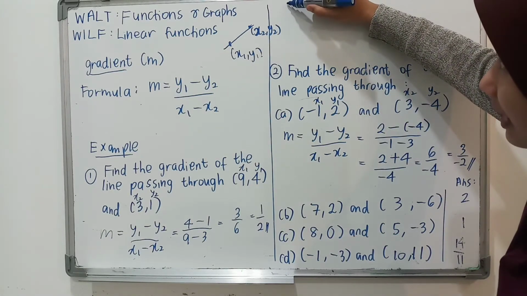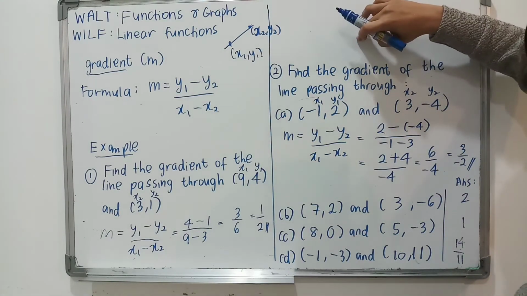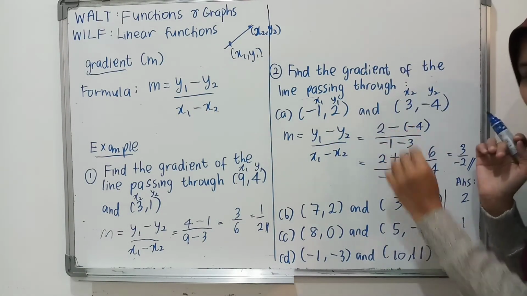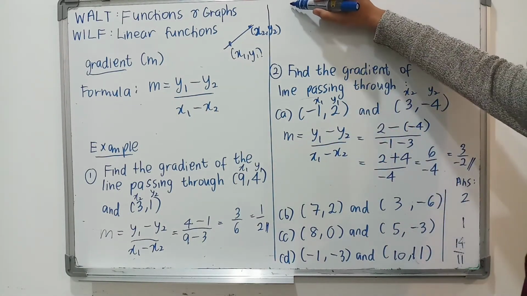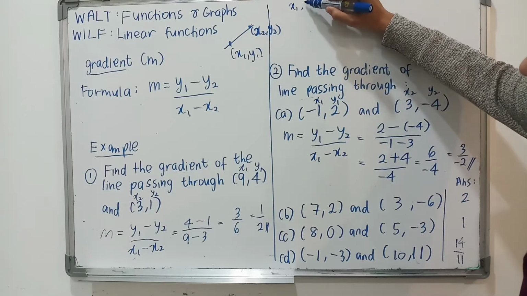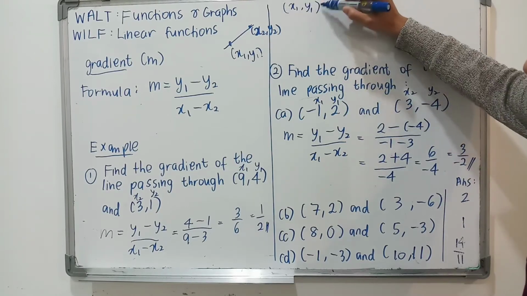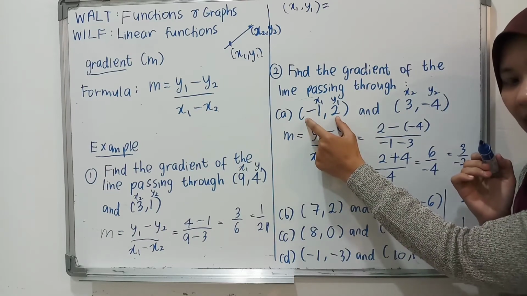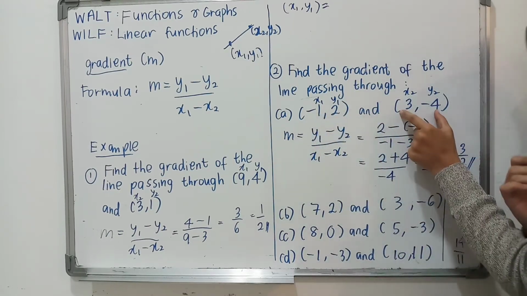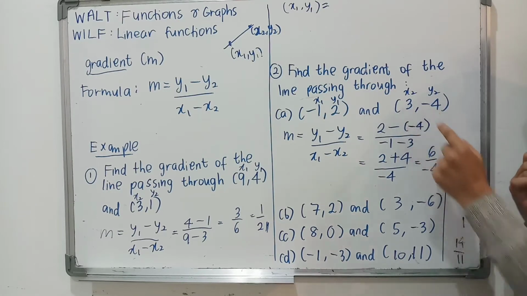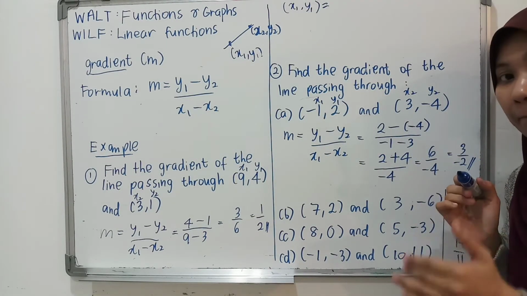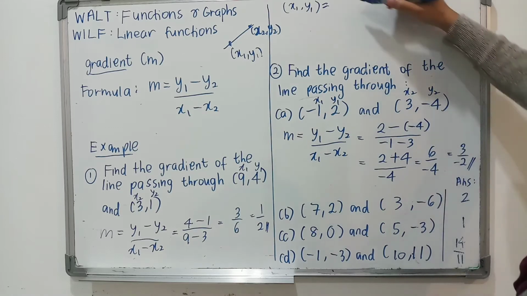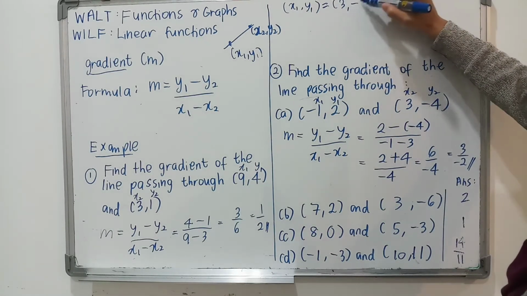This is still question 2a, but I just change the pair now. Just now, that was my x1, y1, but now I want to let that one be x1, y1. I want you guys to see what happens to the answer. So 3, negative 4.